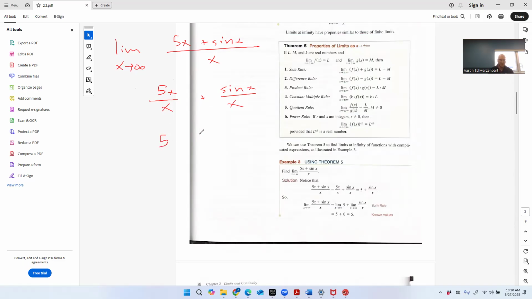The first one, 5x over x, is just 5. And this one we just did in the last problem. That's 0. So what is my limit? 5. Hopefully that's pretty easy so far.